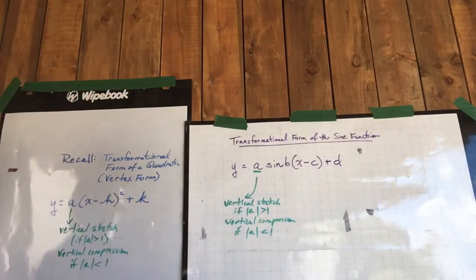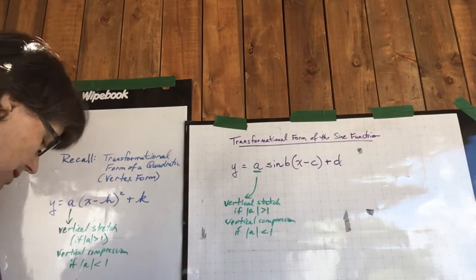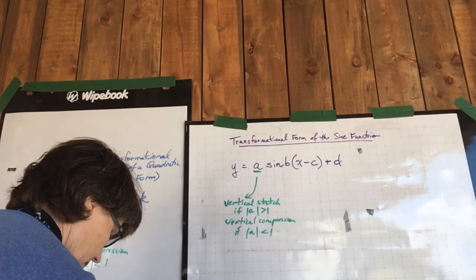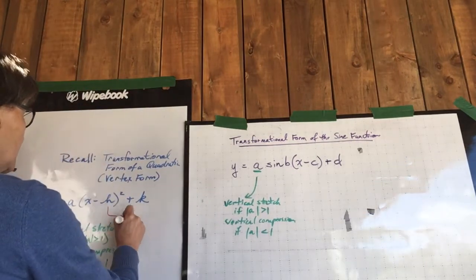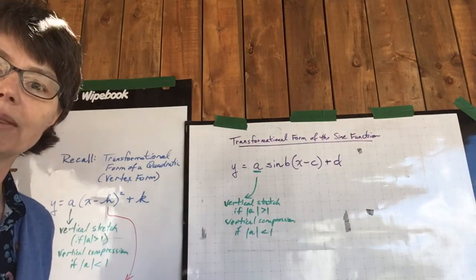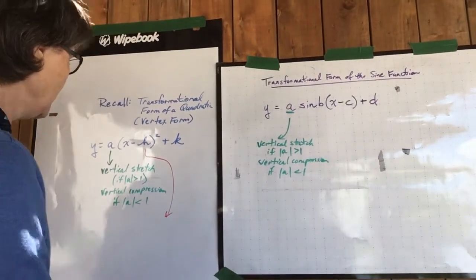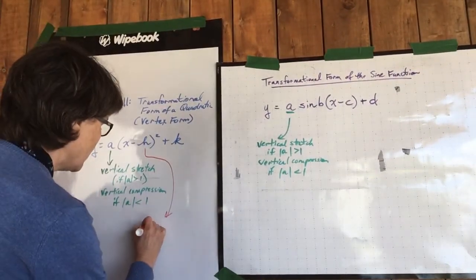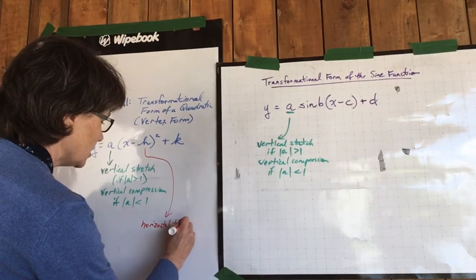Okay, back here to our quadratics. We have h, which we hopefully all remember. Where we have our horizontal translation.